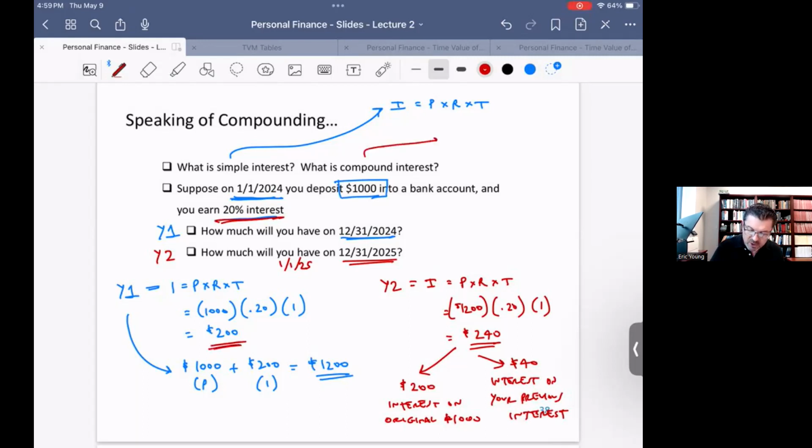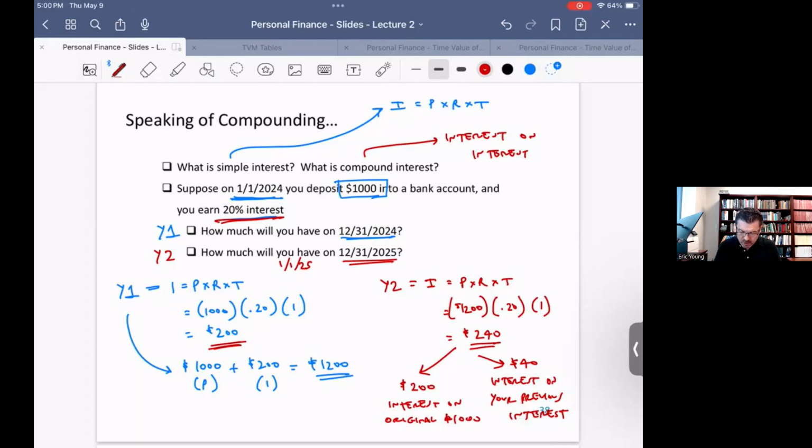Compound interest is interest on interest. And this idea of compounding is a powerful force. In fact, for most of you, when you become wealthy, it's really not going to be based on the principal that you initially invest. It's going to be the compounding factor, the growth of money as you earn interest on interest.